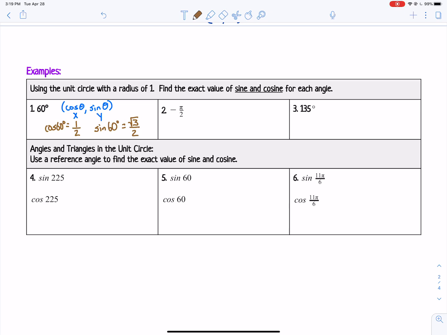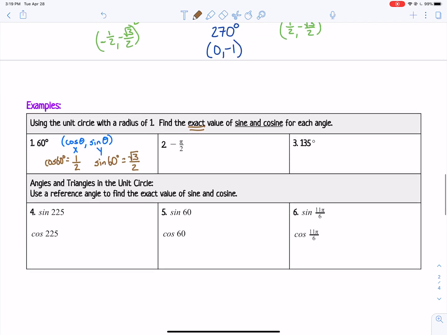If you just type the sine of 60 in your calculator, it is 0.866025438 and keeps going. So to have a more exact value, you just want to leave it in radical form, which is what we did.